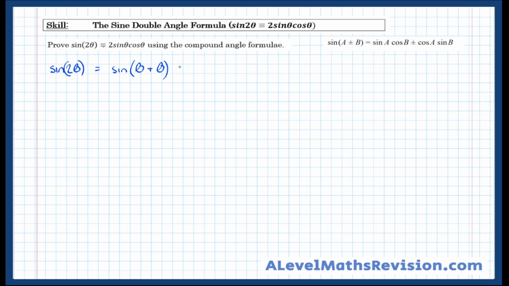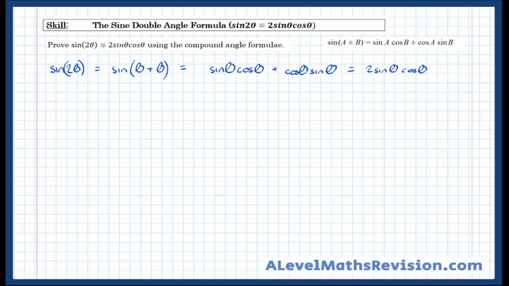But I'll continue. It becomes sine theta cos theta plus cos theta sine theta, which equals 2 sine theta cos theta as required.